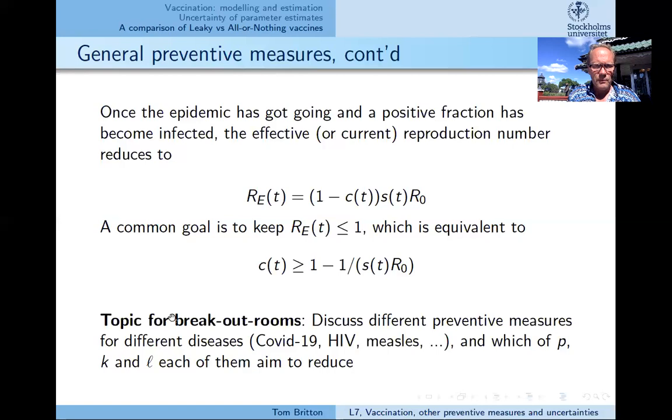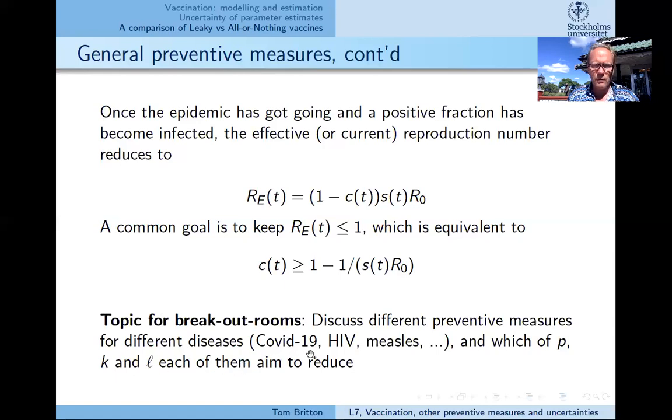One thing that we will discuss, and I will create a breakout room for it, is this: for a few different diseases, I want you to think about what preventive measures can be inserted to reduce spreading and are used, and whether the effect of them is that they reduce P, reduce K, or reduce L, or several of them.